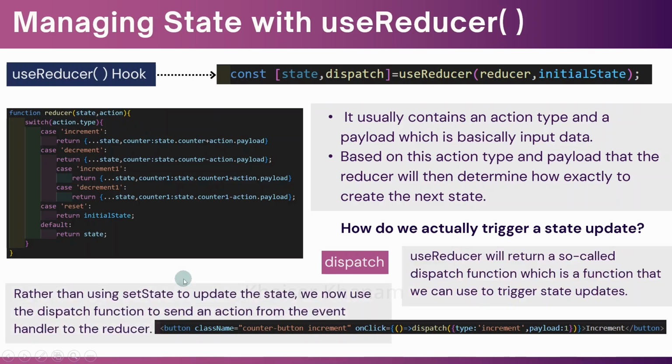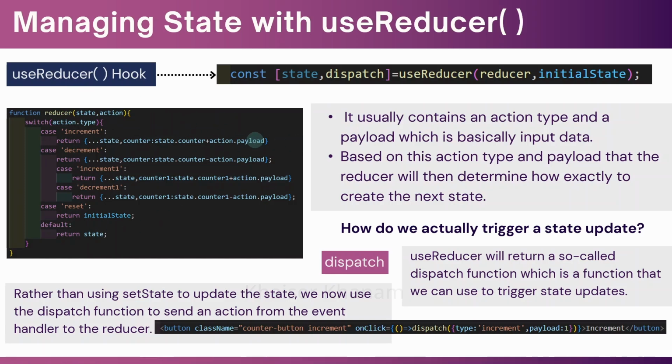So instead of using setState to update the state, we now use the dispatch function to send an action from the event handler to the reducer. You can see inside this onClick event handler, I have given this action. From here, I send this action to the reducer, and I perform my state update.